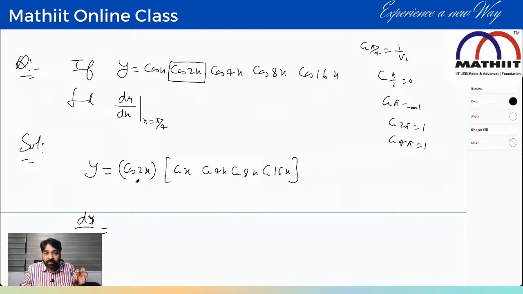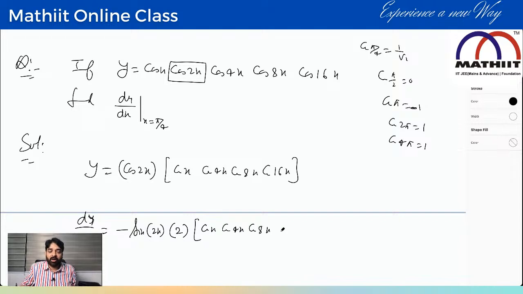Cos of something goes to minus sine of something, into the differentiation of something. Means minus sine 2x into the differentiation of 2x, that is 2. Have you understood? Cos theta differentiation is minus sine theta, but theta's differentiation also comes; you have to write it into that something. Second function: cos x, cos 4x, cos 8x, cos 16x.